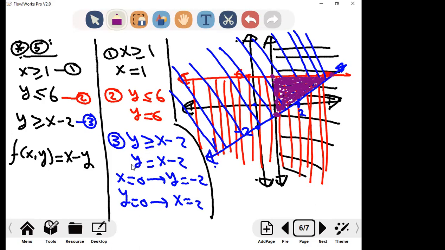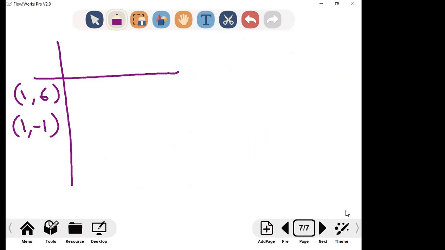So x is how much? 8. Good. This point is between the red and the blue. The red is y equals 6. Replace y by 6 and push the negative 2 here, it will be 8. So x is 8, y is 6. So the point is 8 and 6.